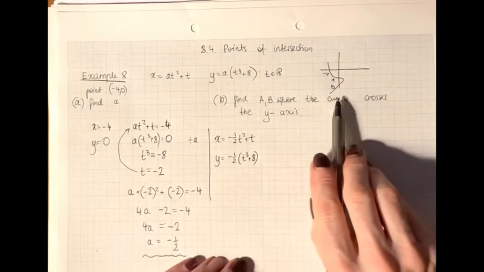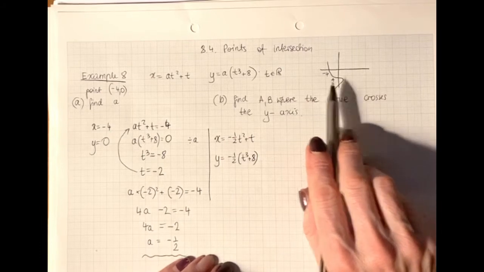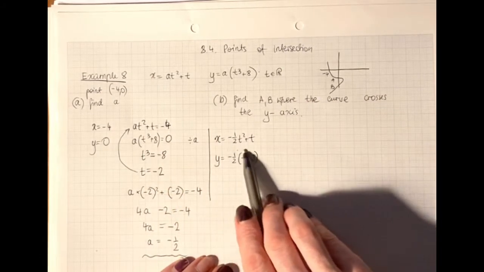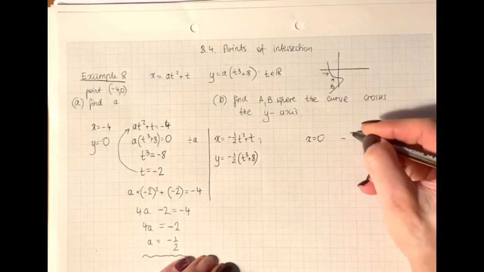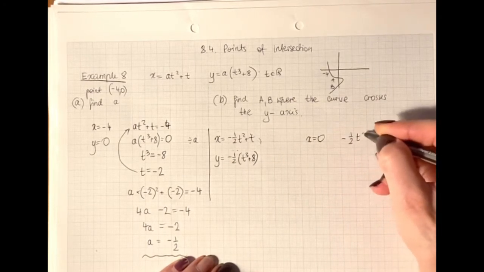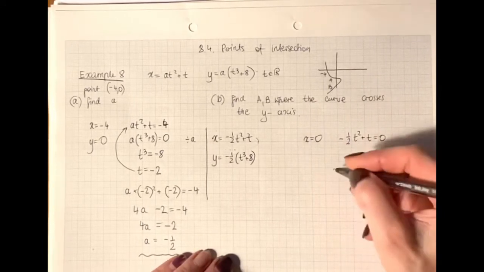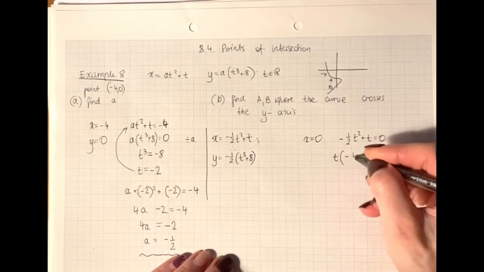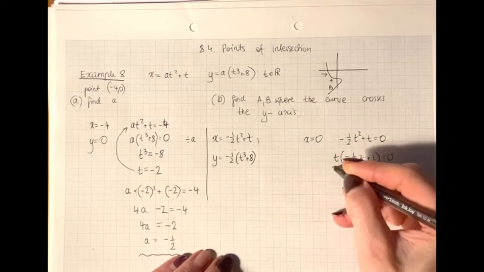So now we can find the point of intersection with the y-axis by substituting x equals 0 into this equation. So x is equal to 0, we are going to get -1/2 t squared plus t equals 0. So we're going to factorize t, and you'll get two possible answers.